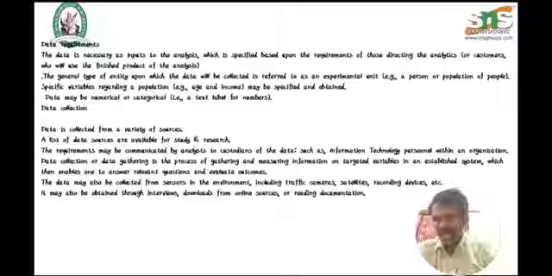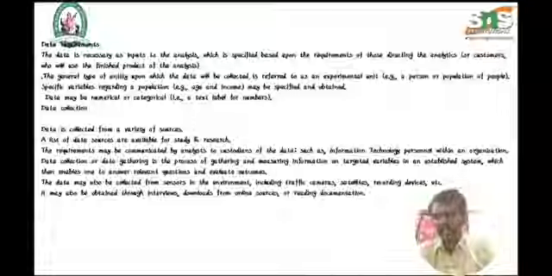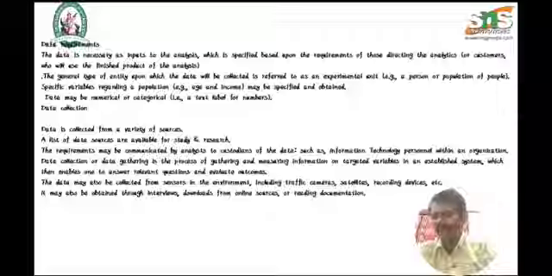Next, a list of sources is available for study and research. Suppose you want to use the data for research or study purposes, we can collect it, store it, and define that as data collection.